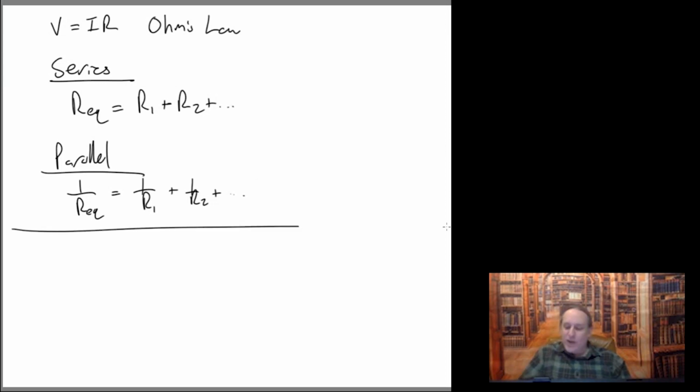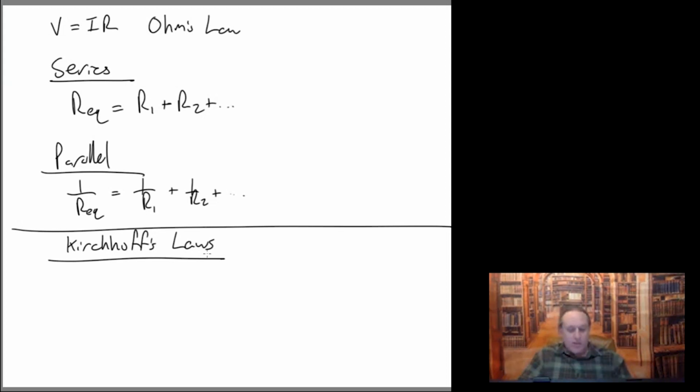And in order to do that, we're going to use work done by someone else. These are known as Kirchhoff's laws. So these are the general principles that we can apply to any circuit.